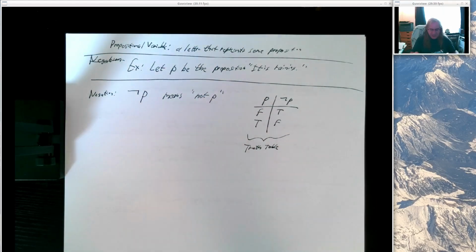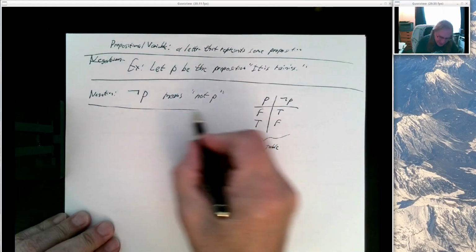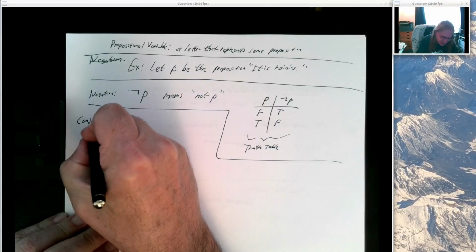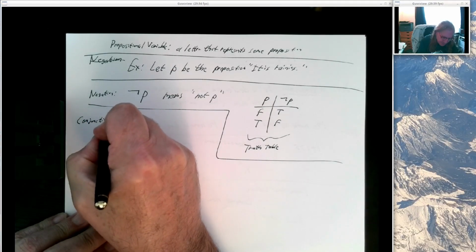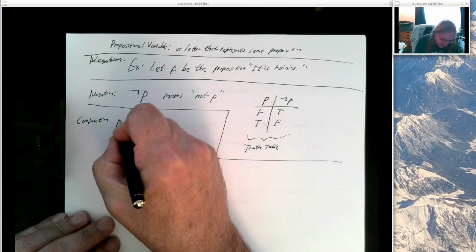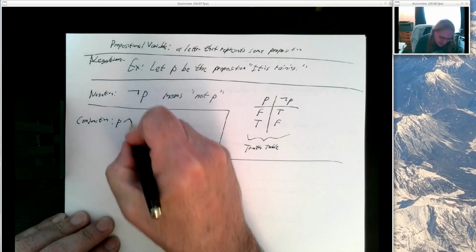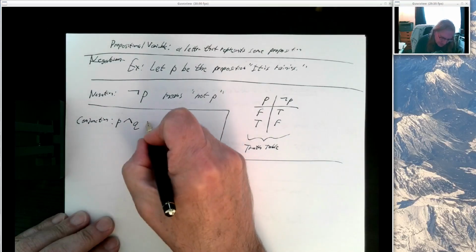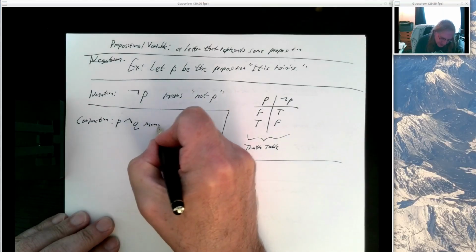All right, so we can use these same ideas to define more operations. So the next operation is conjunction. And let's just suppose P and Q are two propositions. So we can write P, and we can put this thing called a caret, Q. And this is an AND operation.